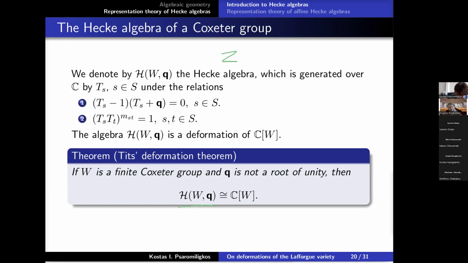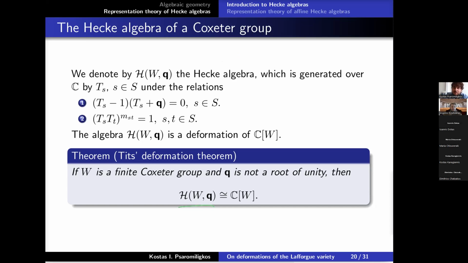So this is the classical version of Tits deformation theorem. We will see later a more general version of this, and also an even more general version that we're proving right now.